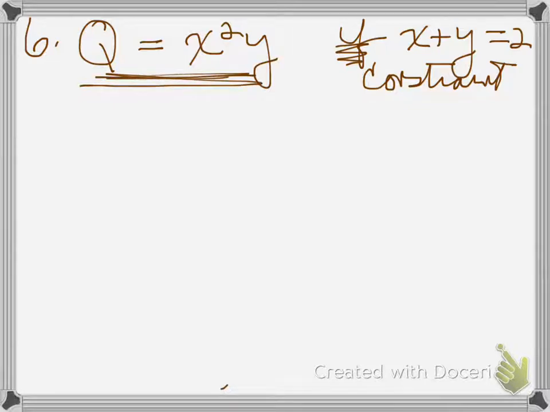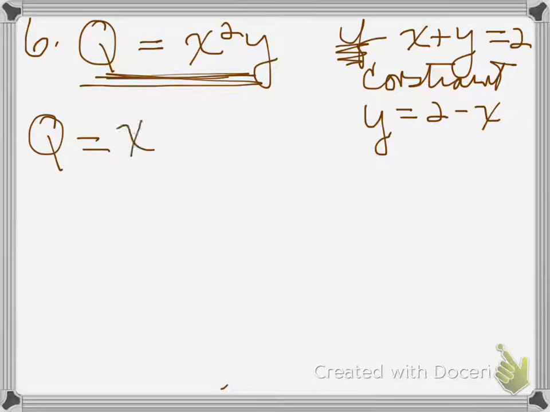You're in two variables right now, so we're going to use our constraint to replace. It looks like the y is best to replace. y equals 2 minus x. Okay, so let's write our objective function in terms of one variable, and that variable will be x. So there's x squared.